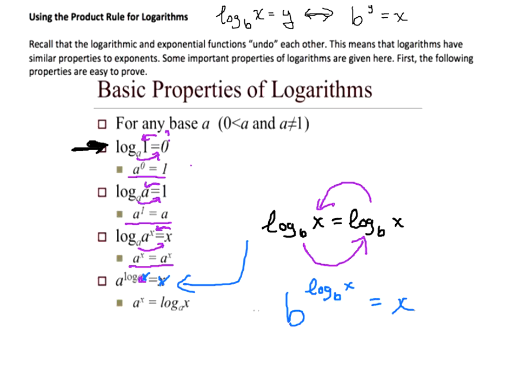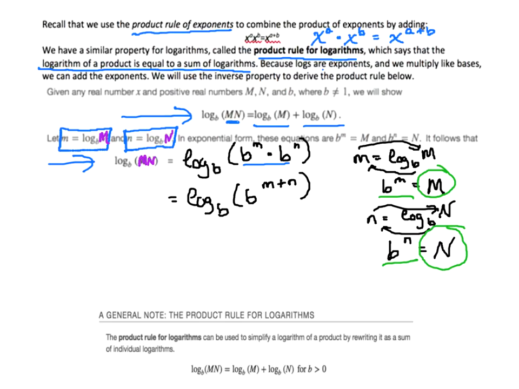Now, if I go back and use this property here that says when I'm taking the log of a particular base of that same base raised to an exponent, the answer is just that exponent. So this expression is asking, what can I raise b to, to get b to the m plus n? Well, it should be quite apparent that that is simply m plus n.